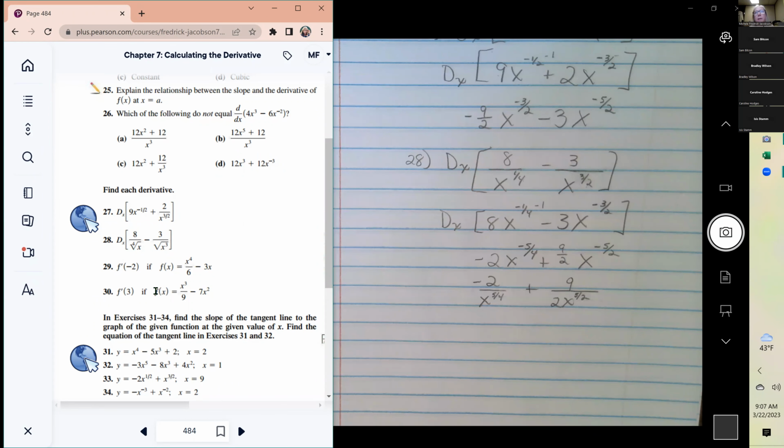Number 29. This little kind of like an apostrophe means prime. This would be f prime of -2. F prime means to take the derivative and then plug in -2.